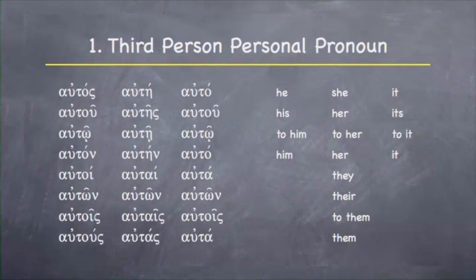Well, in this use of autos, then, what determines its form? Well, and this is mostly just common sense. It shouldn't be hard for you. What determines the case of autos? What determines the case of any pronoun? Its function, right? So if autos is functioning as the subject, it's going to be nominative. If it's functioning as a direct object, it's going to be accusative.